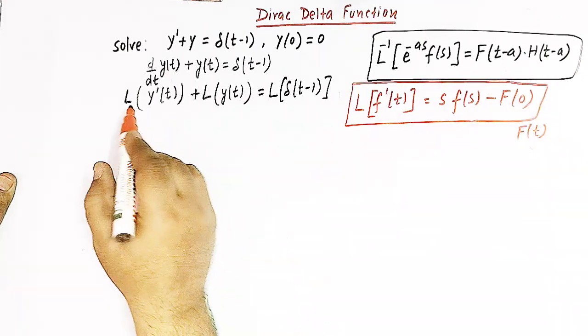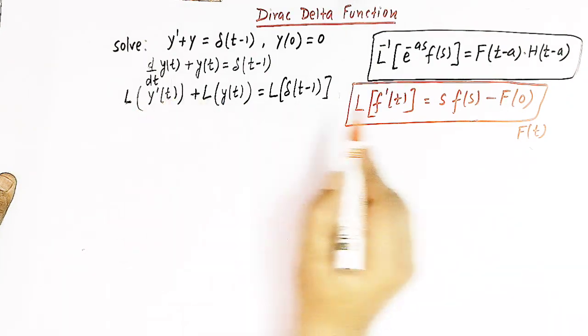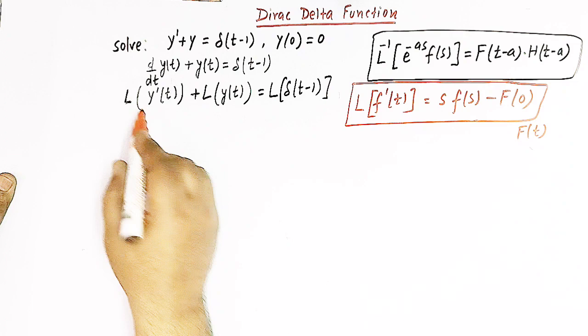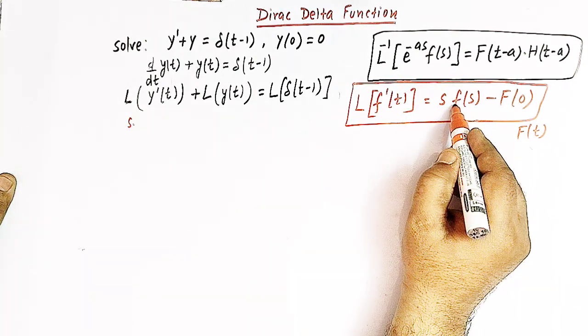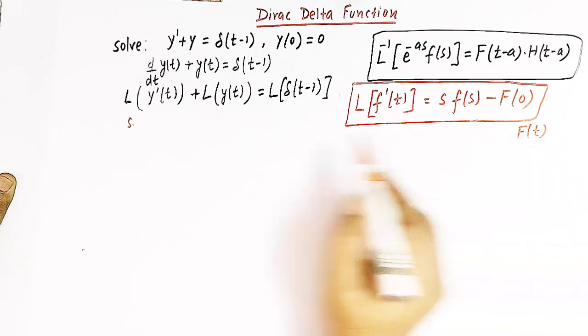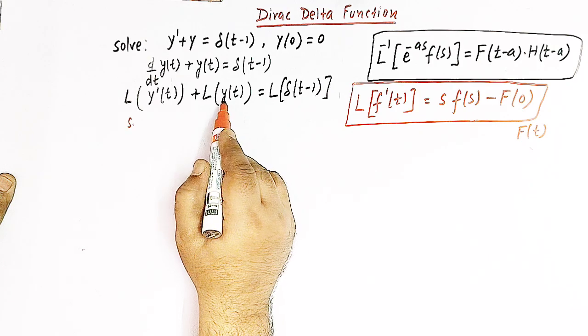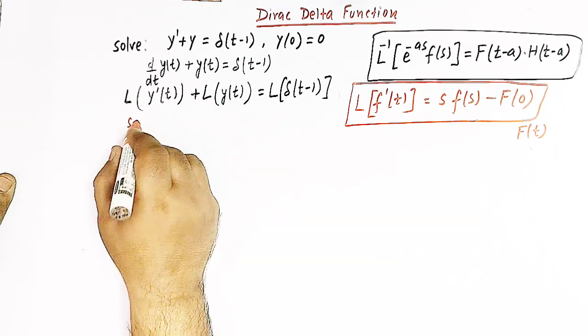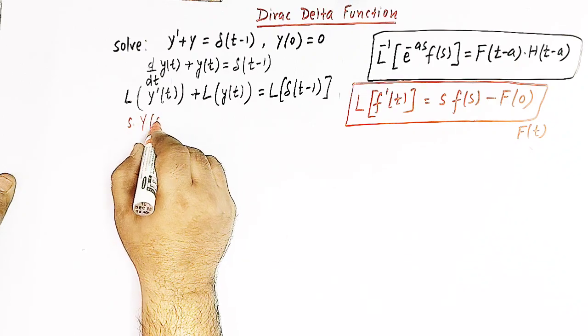Here we have the Laplace transform of y prime of t, so using this result, we can write s times the Laplace transform of y of t.